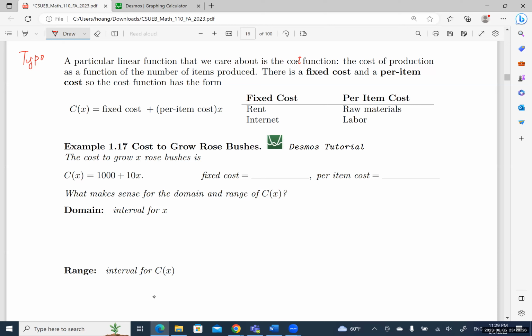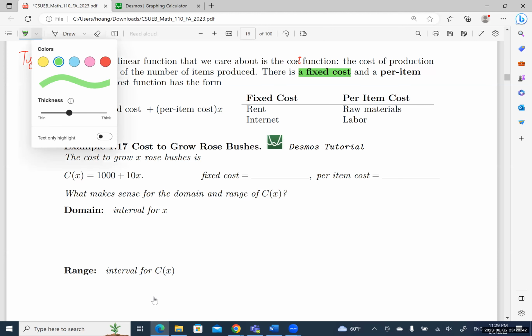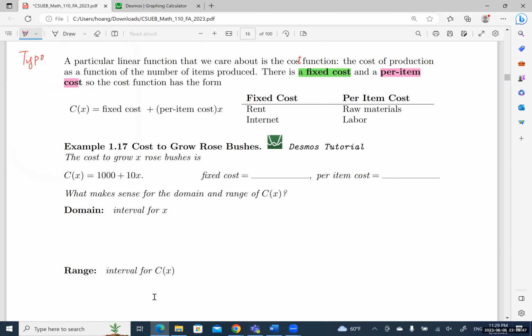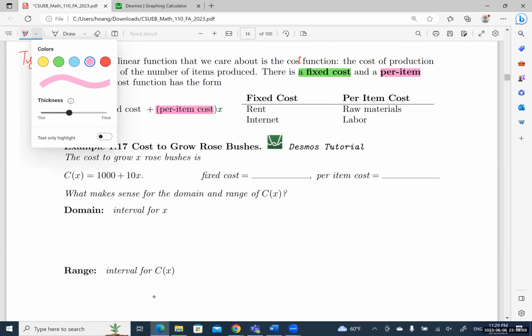The cost of production as a function of the number of items produced has a fixed cost and a per item cost. So I will highlight two things: fixed cost and per item cost. The cost function has the form per item cost multiplied by x, added to the fixed cost.